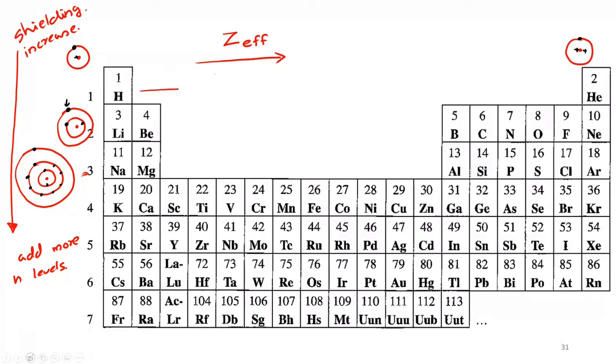When you go from left to right, you increase the atomic number. In other words, it means that you are increasing the number of protons in the nucleus.